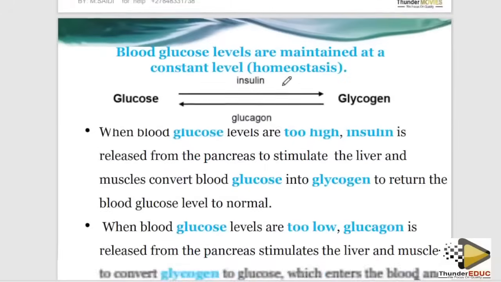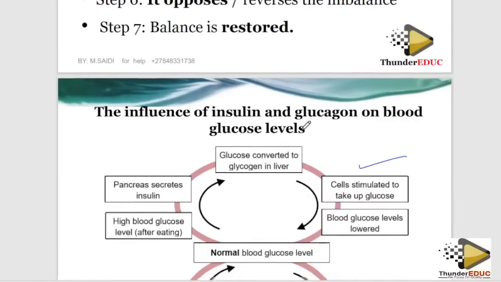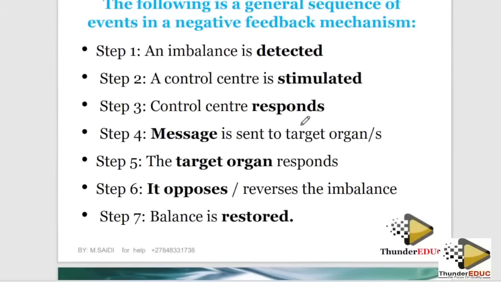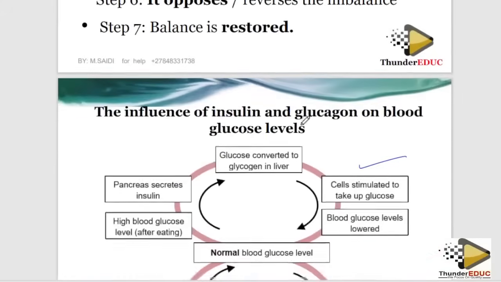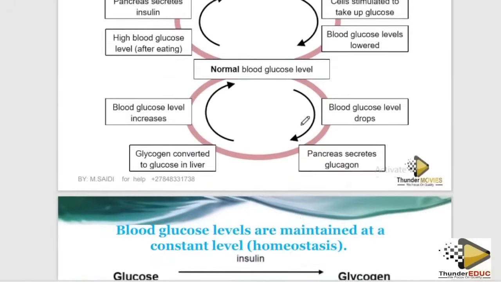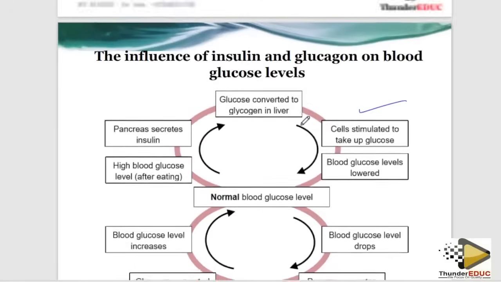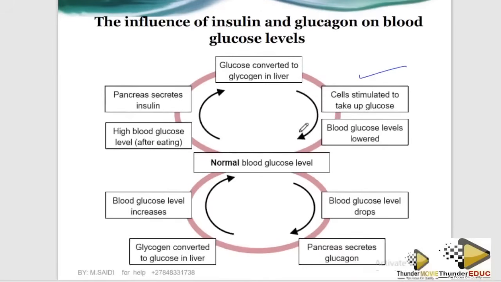The negative feedback mechanism. Keeping the internal environment constant, we call it homeostasis. And the negative feedback mechanism is bringing a situation back to normal. For example, you are hungry.